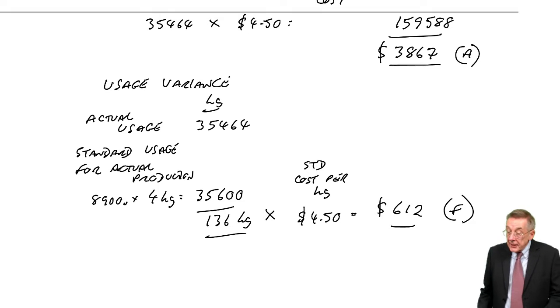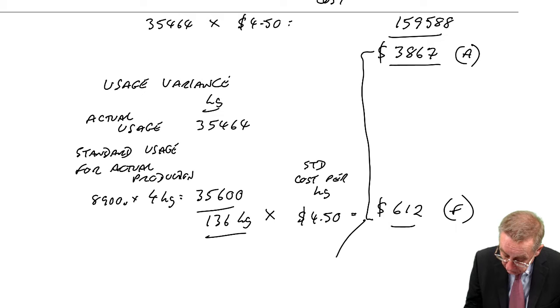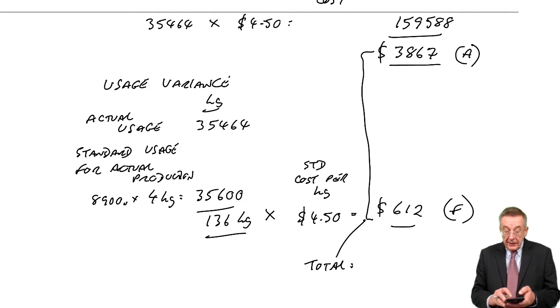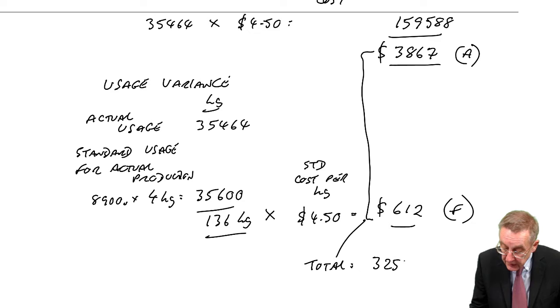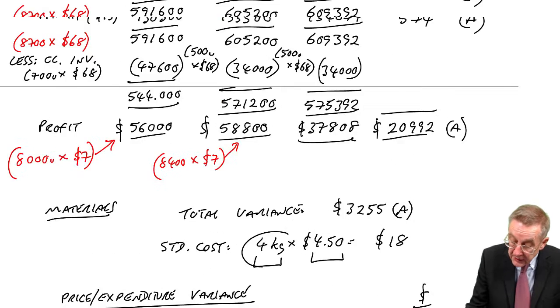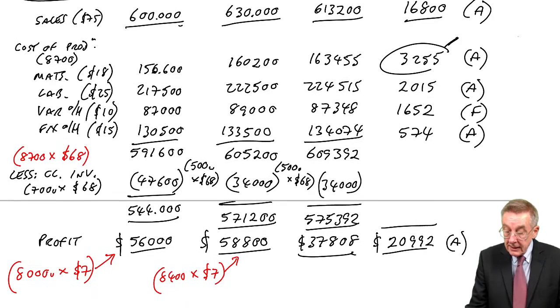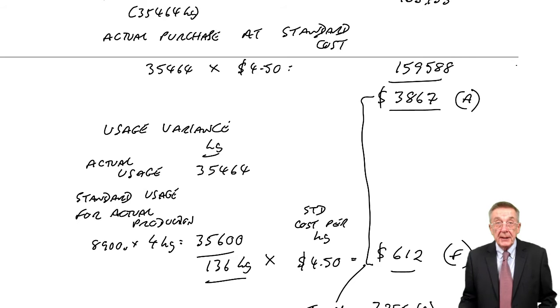And there we are. Does it check? Those two together, an overspend of 3,867 less a saving of 612 is a net overspend of 3,255, which was the total we arrived at earlier. We've analysed the variance into why it happened.